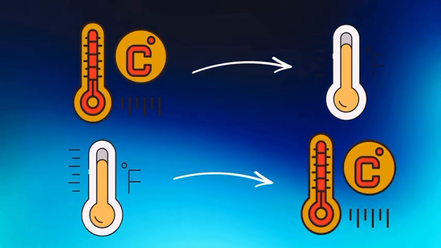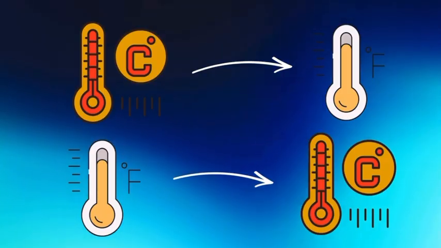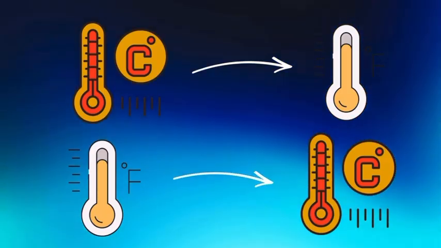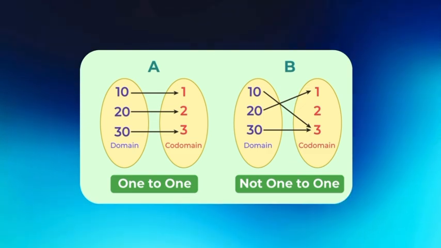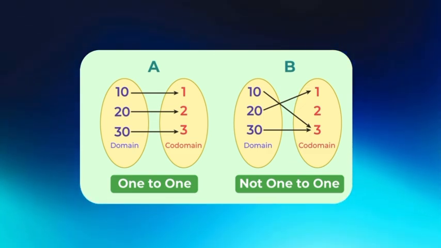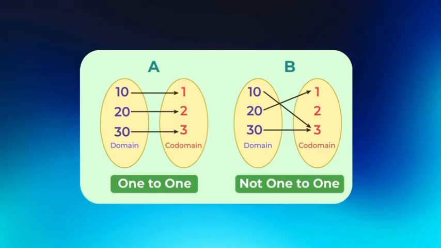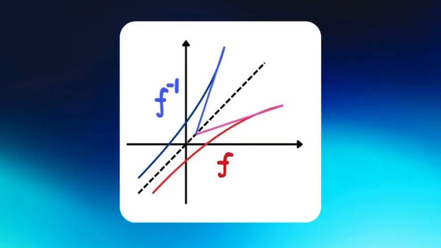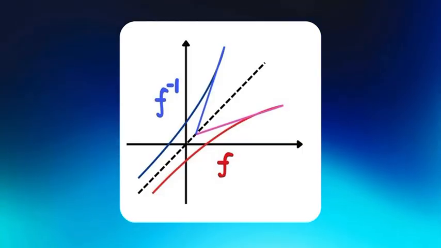You need the inverse function to calculate that it's 35 degrees Celsius. To have an inverse, a function must be one-to-one, meaning every output comes from exactly one unique input. Visually, if you fold the graph along the diagonal y = x line, the function and its inverse will match perfectly.